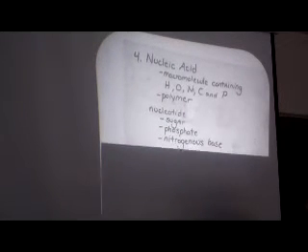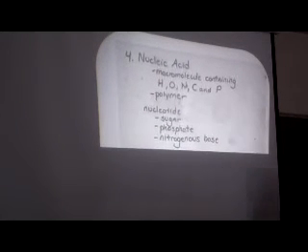In other words, in order to get a nucleic acid, you gotta link a bunch of little things together. Remember, when we were talking about proteins, you had to link a bunch of amino acids together to make a protein. Just like you're gonna need to link a bunch of these things together to get a nucleic acid. What is that thing you're gonna need to link together? It's called a nucleotide.